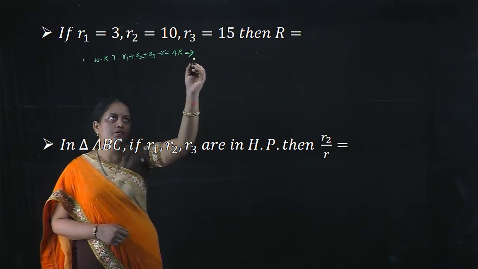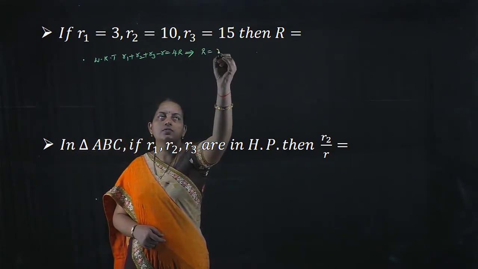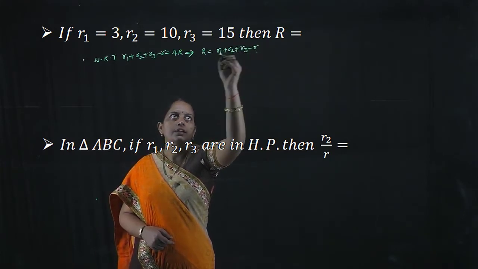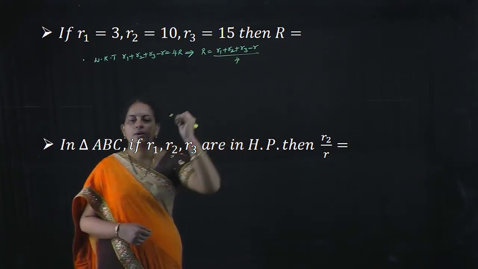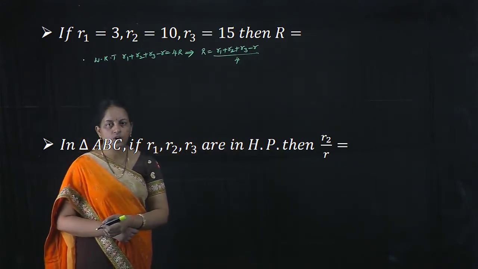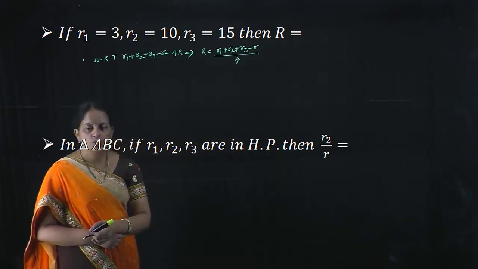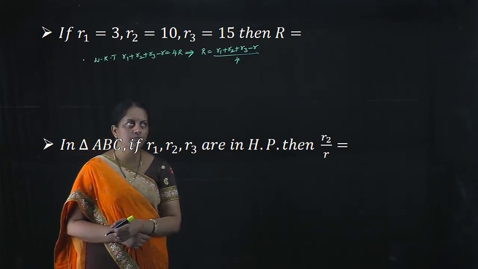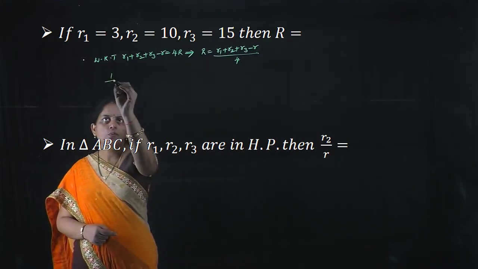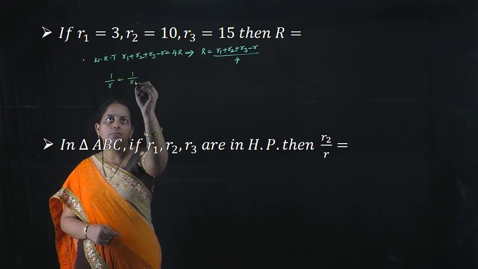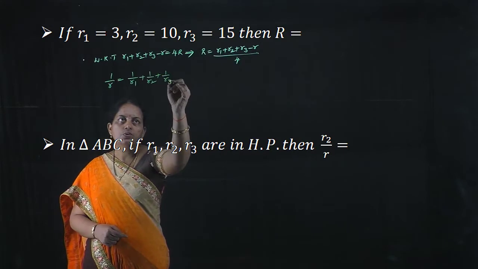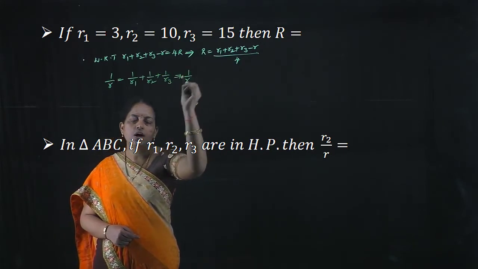From this we can write capital R is equal to (r1 plus r2 plus r3 minus r) by 4. But we don't know the value of small r. In the question only r1, r2, r3 are given and we need to find the value of capital R. But we know that 1 by r is equal to 1 by r1 plus 1 by r2 plus 1 by r3. By using this formula we can find the value of r.